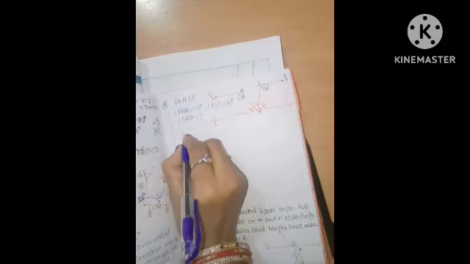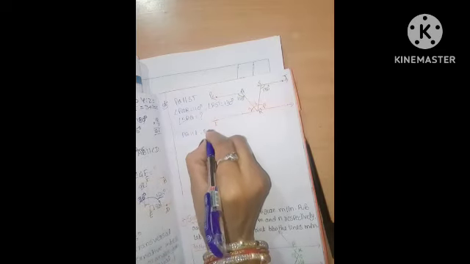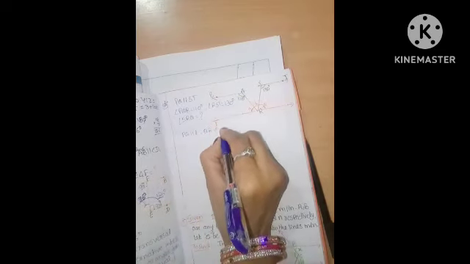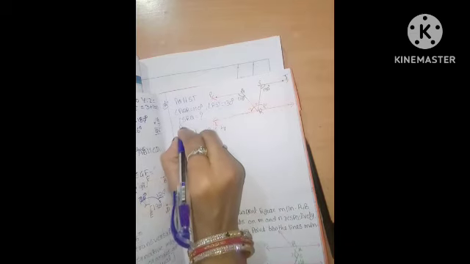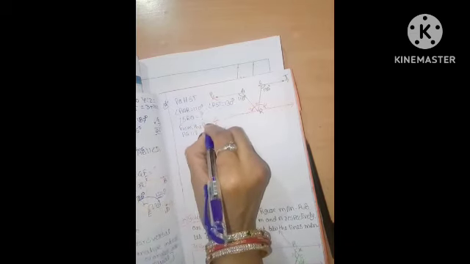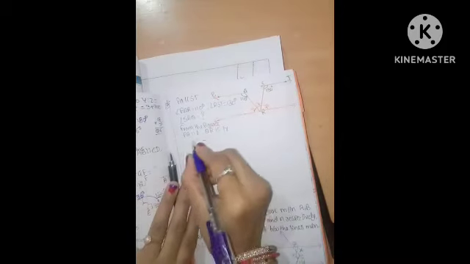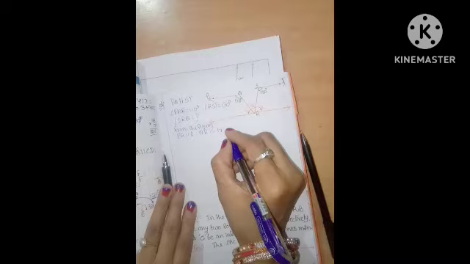First, PQ is parallel to L and QR is the transversal, from the figure.